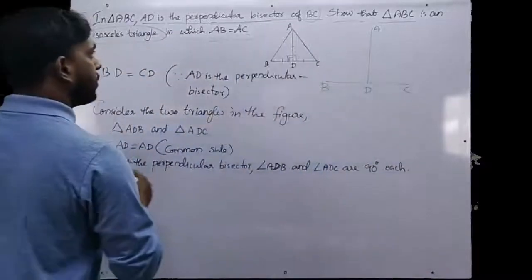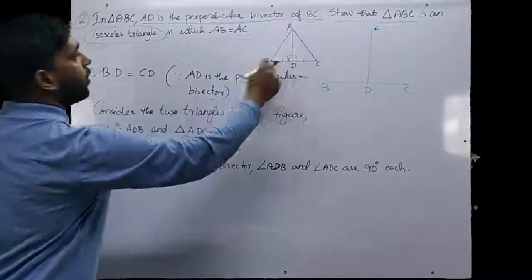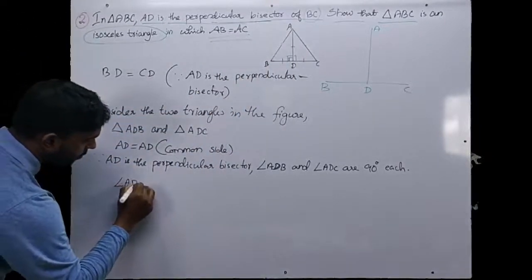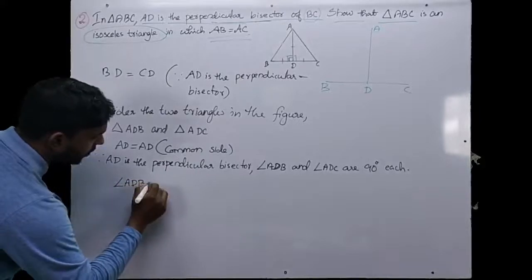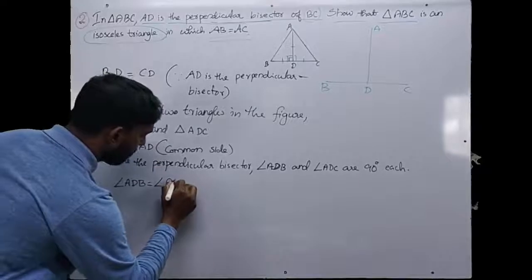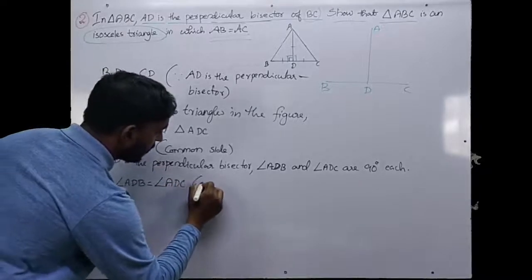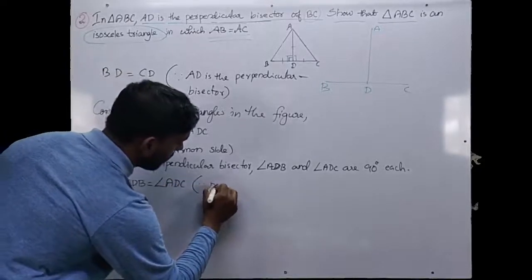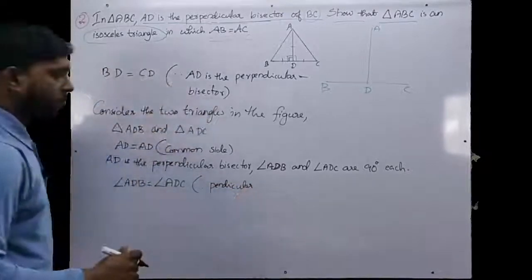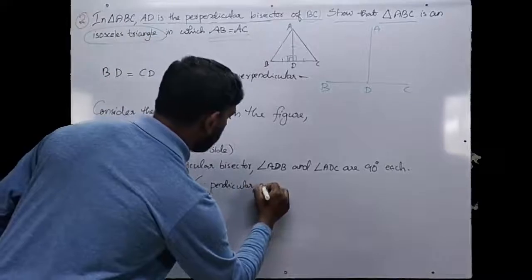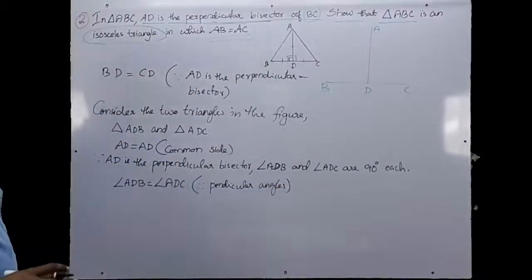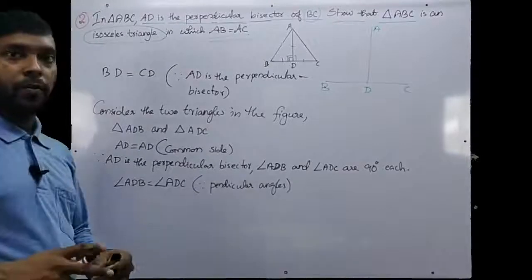So we say that angle ADB is equal to angle ADC. The reason is perpendicular angles. Since they are perpendicular angles, these two are now equal.